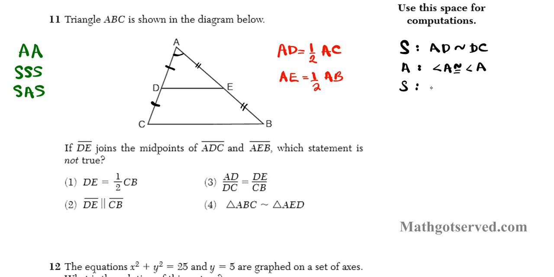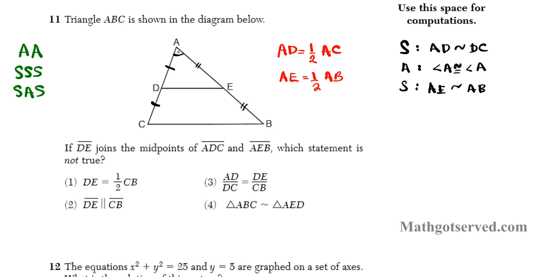And then for the next S, I know that AE in the small triangle corresponds to side AB in the big triangle using the same proportionality, which is 1/2 as we have up here. So it's the same factor. We determined that here.